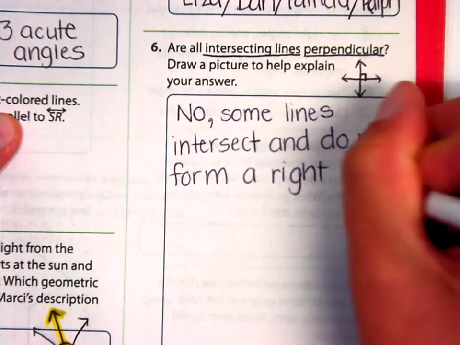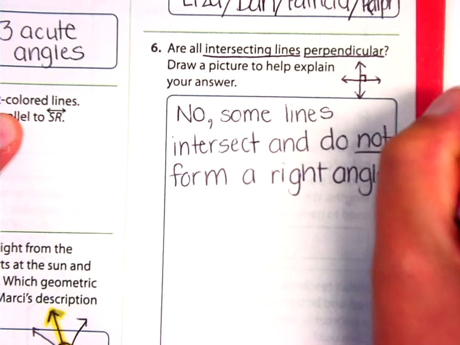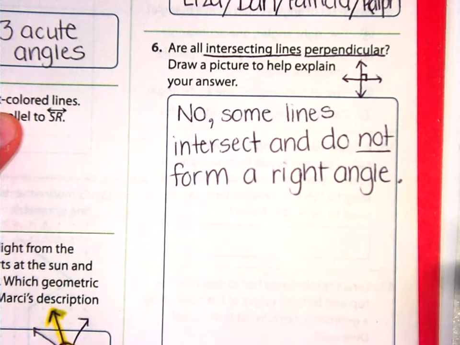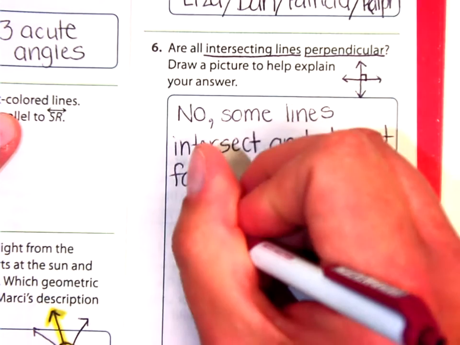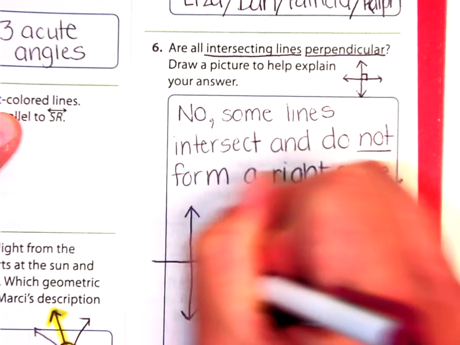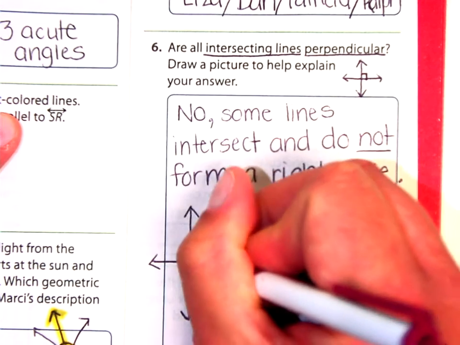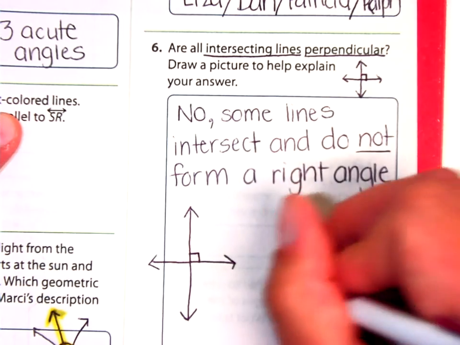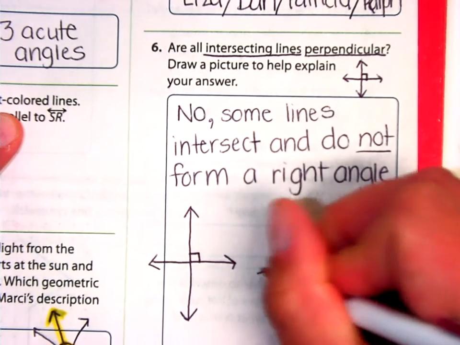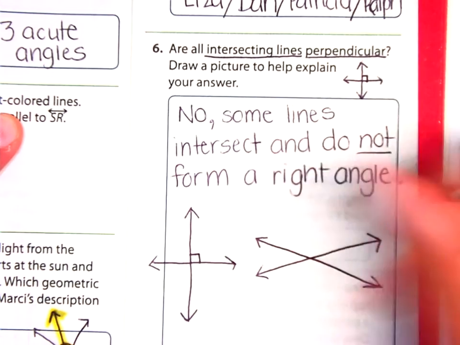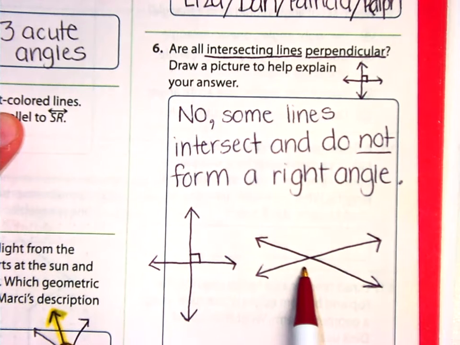Now, you might want to look at this illustration here. If you're like me, you need a visual. So we said that this is an example of perpendicular, where they meet or cross to form a right angle. But I could also have something like this. Again, these are intersecting lines.